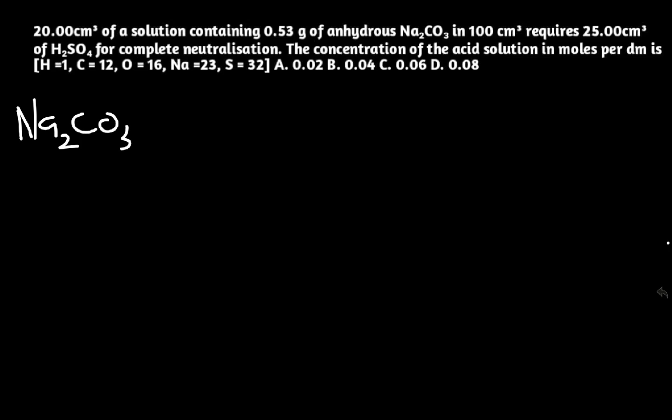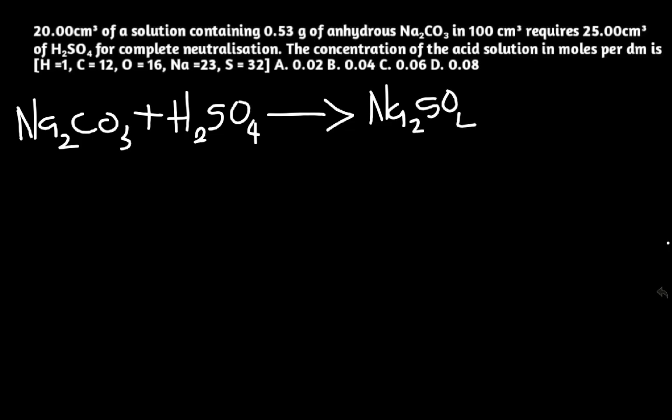Na2CO3 reacting with H2SO4, you would get Na2SO4, water, H2O, and CO2, which is carbon dioxide. This is because whenever a carbonate reacts with acid, you get the salt, water, and carbon dioxide.